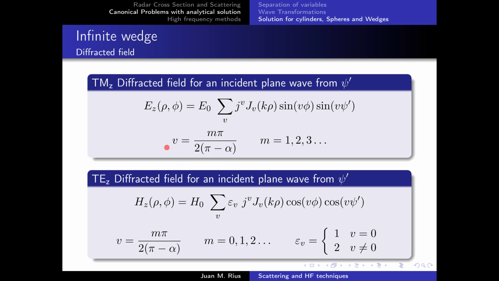It is a rational number. It is not an integer number. It doesn't matter. You can define here in the same way a Fourier series. The only thing is that now the Bessel functions are not of integer order, they are of rational order, but it works the same.